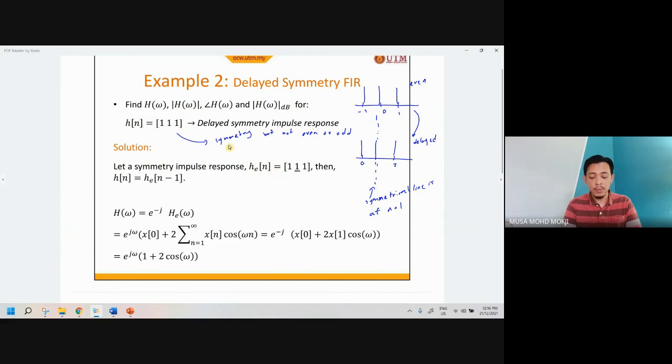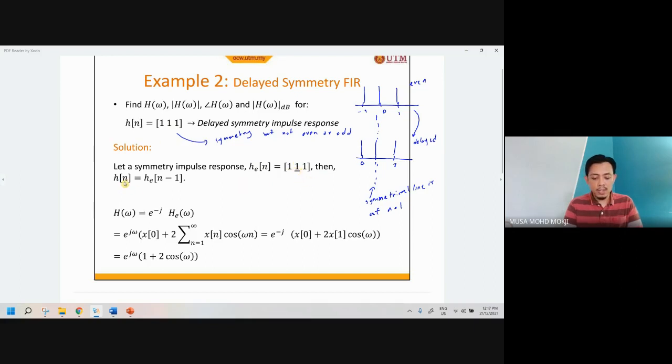We are assuming this because we want to use the symmetry formula, which is easier: we just need to multiply by cos, and it doesn't have to use the e to the minus j omega n for this one. So if we shift it, then n equals to 0 is at the center of the impulse response, which is 1, 1, 1.